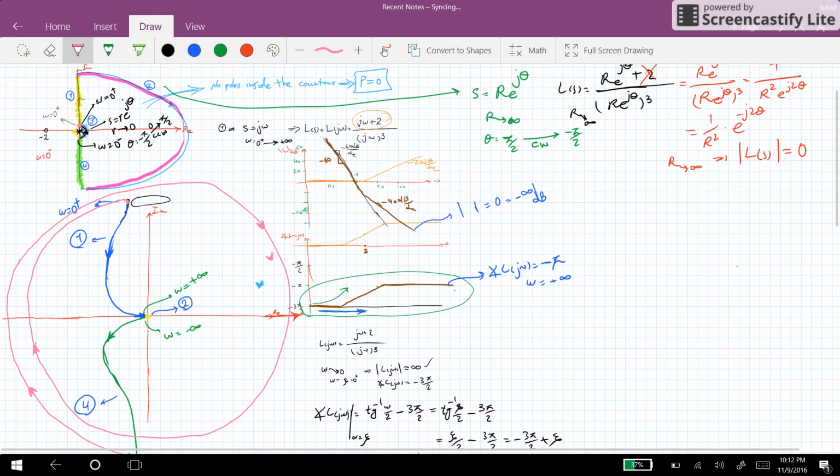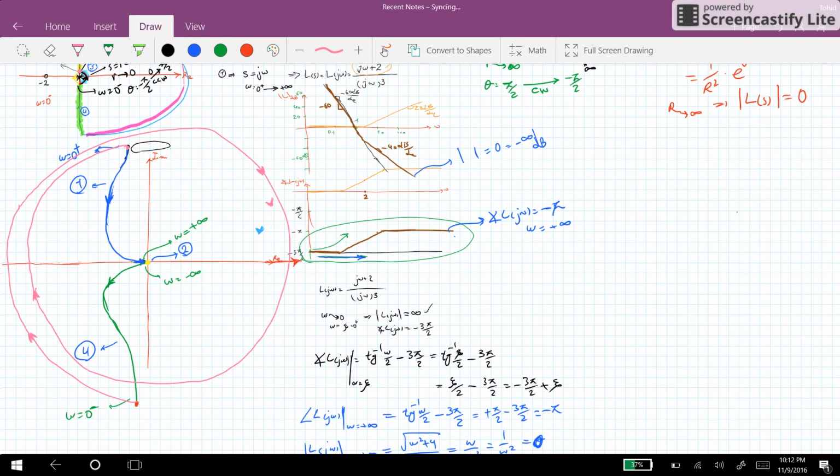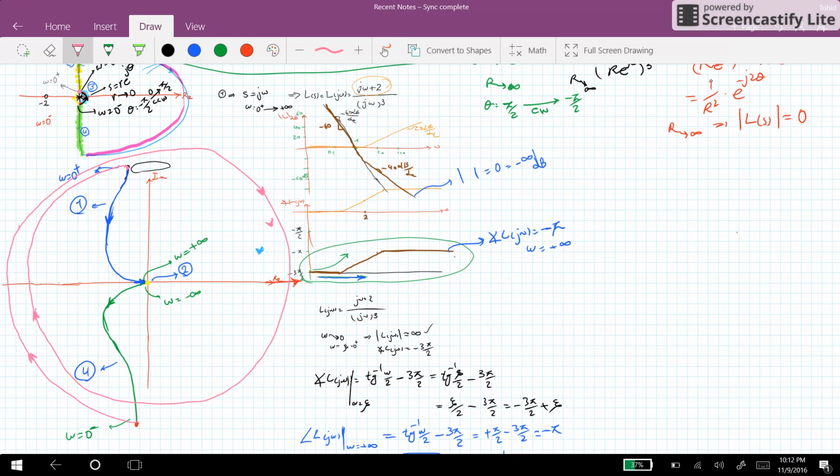So you can see that since we have 3 poles at the origin, and we had a counterclockwise semicircle around the origin, in the corresponding Nyquist plot we end up with huge semicircles, which span 3 times pi over 2 angle, and they are in the clockwise way. It's opposite of the counterclockwise semicircle that we had in the Nyquist contour.